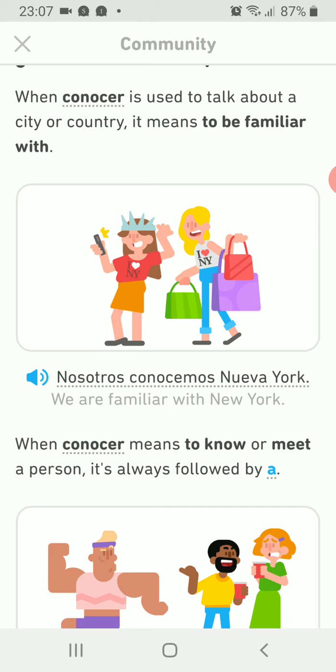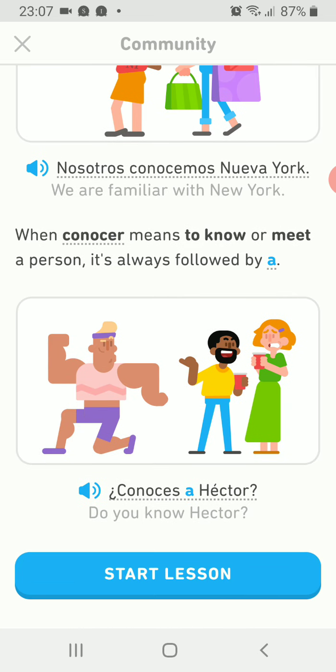When conocer means to know or meet a person, it's always followed by a. So the correct form would be nosotros nos conocemos, a otro, maybe, if I can say like we are acquainted to each other.